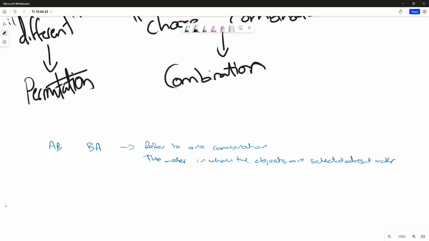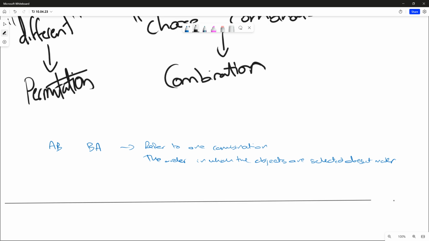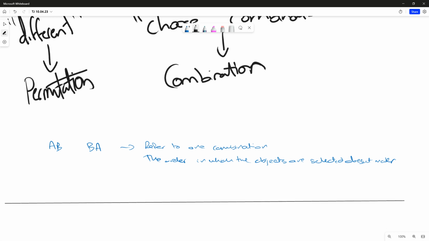So in the next one, what we have is a combination with repetition this time. Combination with repetition.